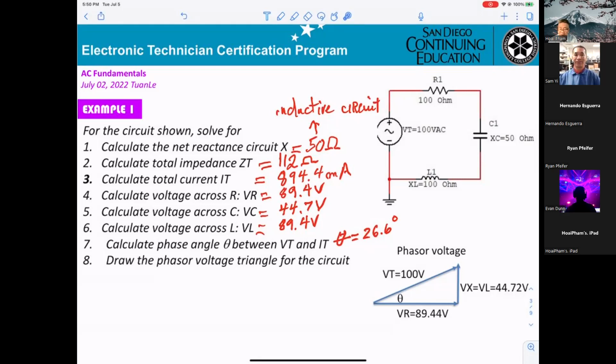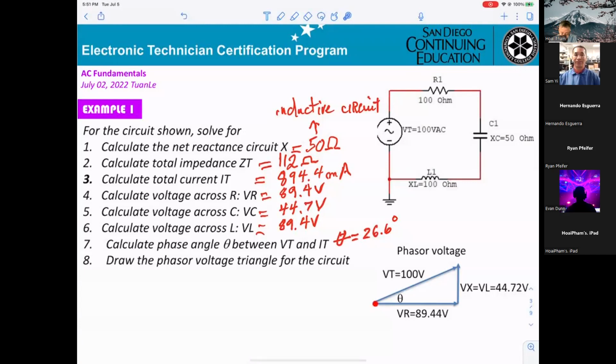However, again, I try to make sure you know how to draw the phasor for the voltage. But before you want to draw the phasor, you have to know VR, VX or VL, which one will be leading. From RL circuitry, VL leads VR by 90 degrees.